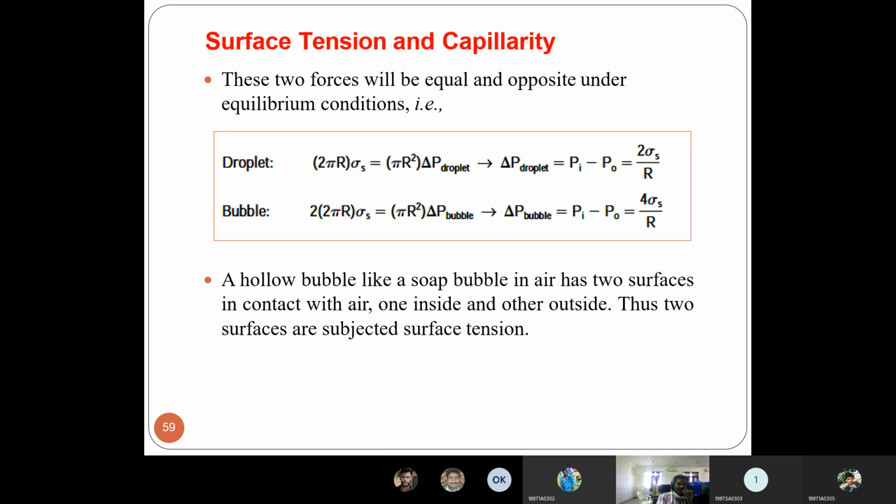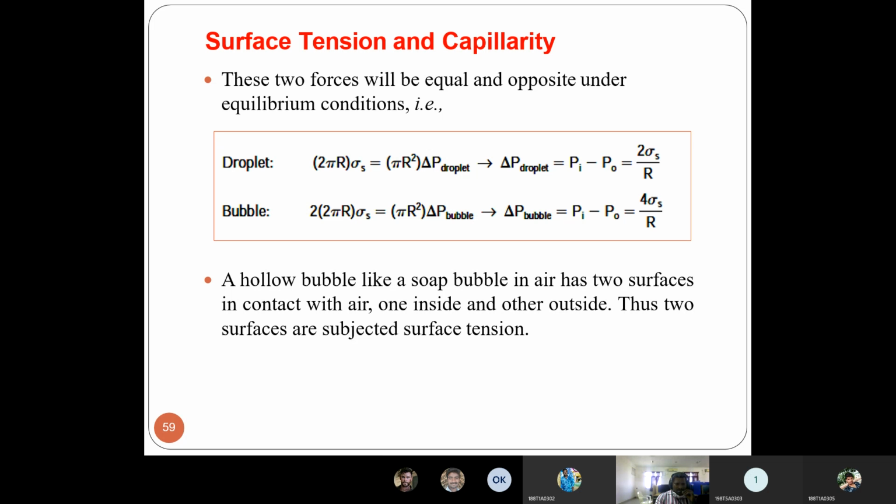This is the relationship between pressure force and surface tension. We can express this in terms of diameter also. Here, r is equal to d by 2. Radius is equal to half of the diameter. So in the next step, pi minus p naught is equal to 2 sigma by d by 2, so we will get 4 sigma by d.